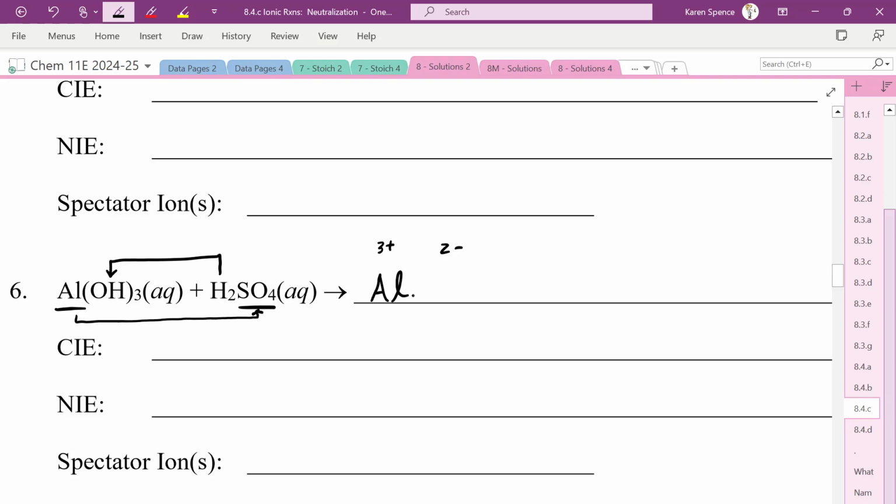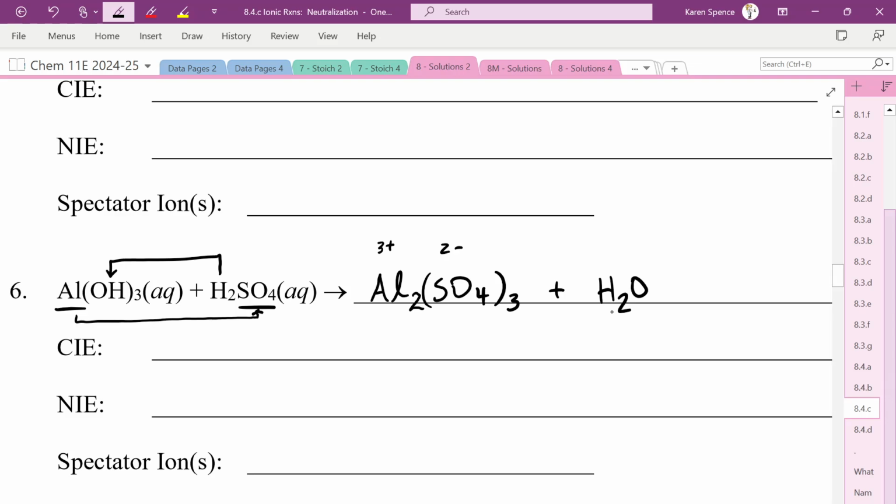So that's going to be Al2SO4 3 plus, who's our other product? Water, H2O. You can write HOH if you like. For these, we have to balance it, we'll get to that, okay?